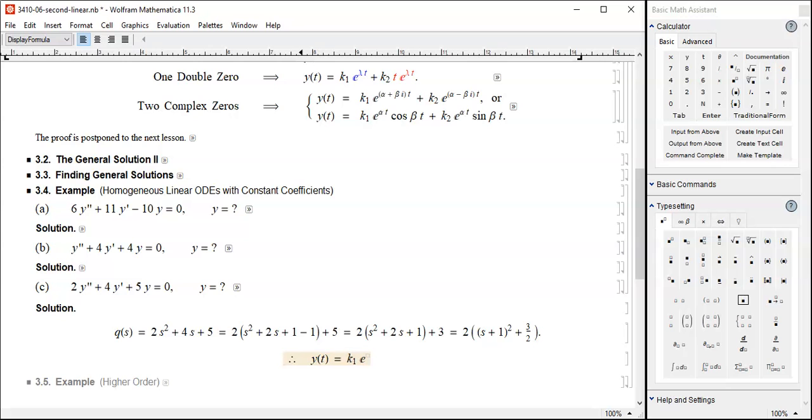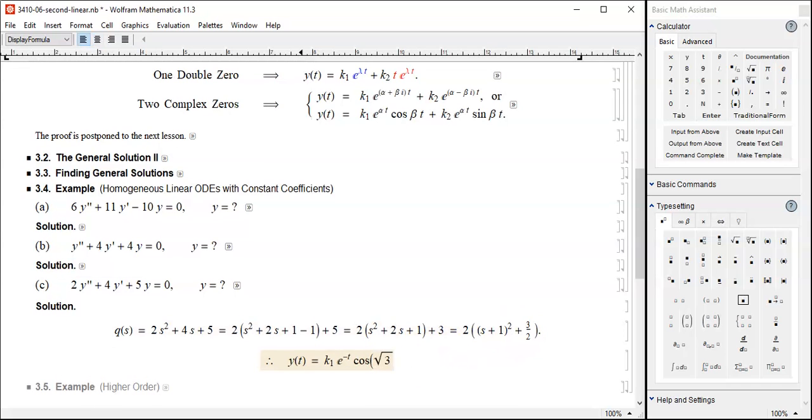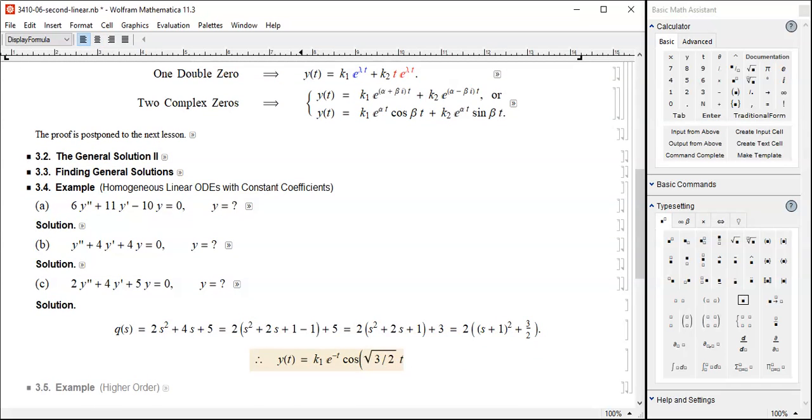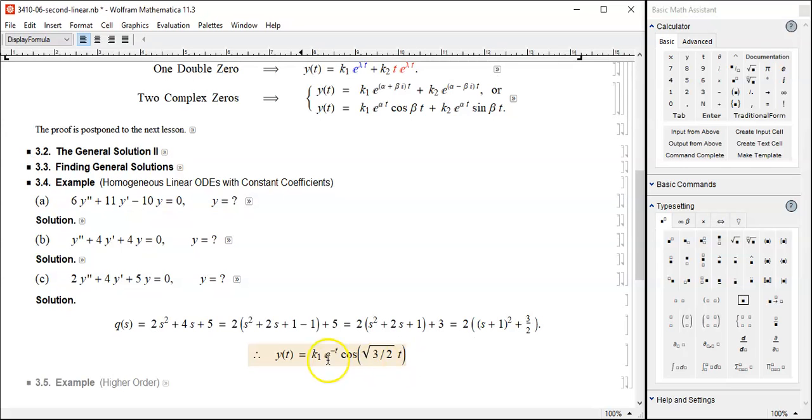K1 is exponential of, let's see, from here, I get minus t, minus 1t. Now cosine, and then not 3/2 t actually, I need beta squared here, so this should be square root of 3/2 t. Not just 3/2 t, I need the square root there. So change this to K2 and change this to sine.